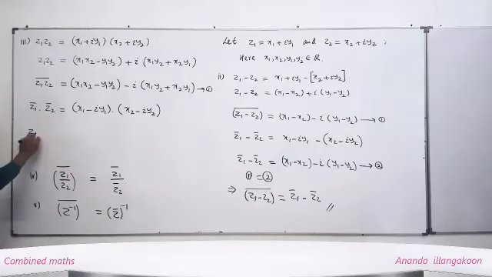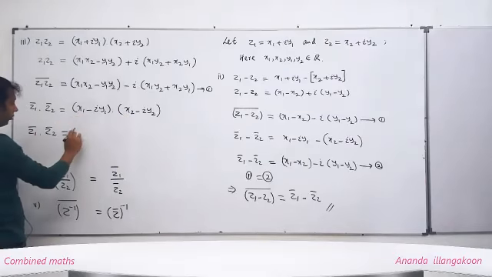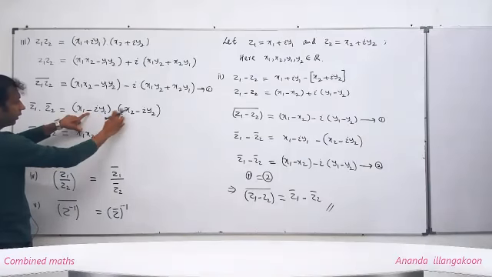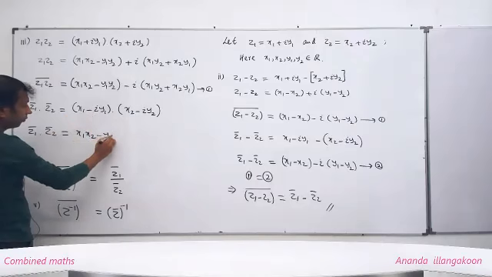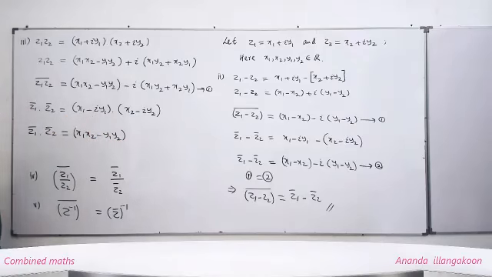Then we get there Z1 bar into Z2 bar. Multiply now. X1, X2. This we get minus, and this minus make plus. Right. I and I squared, that is minus 1. Y1, Y2. Next one.